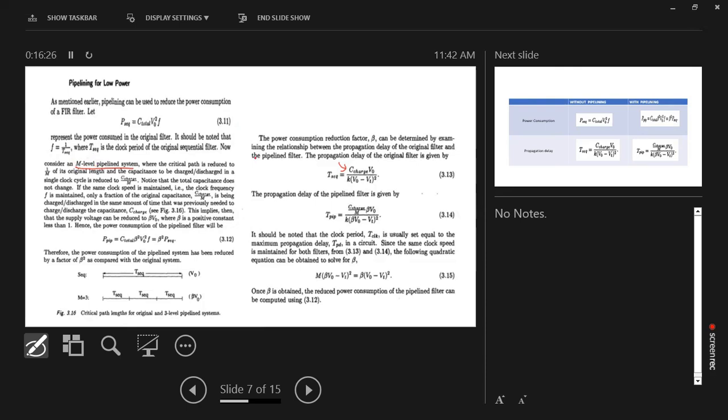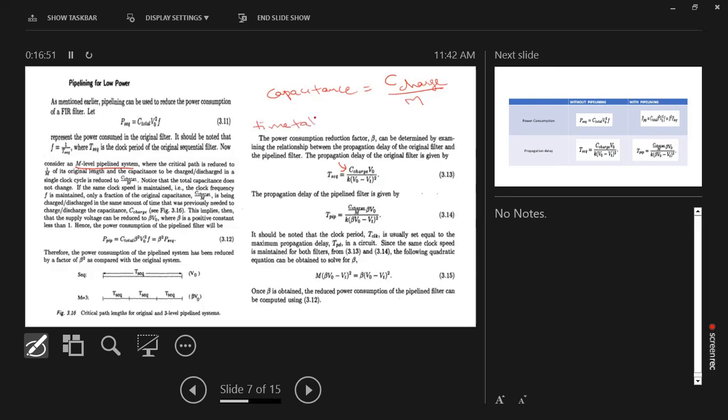The remaining parameters remain the same, and the supply voltage also. The meaning of this is that the capacitance will decrease. C charge divided by M means the time taken for charging or discharging will decrease.